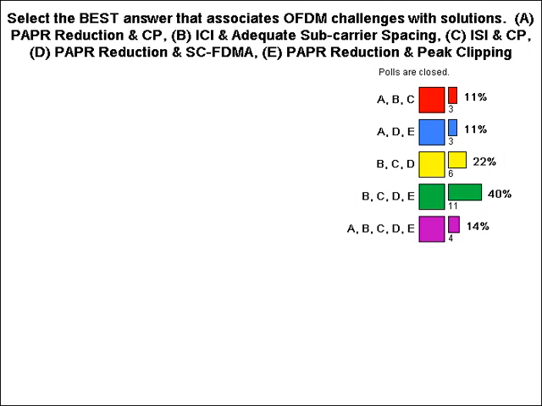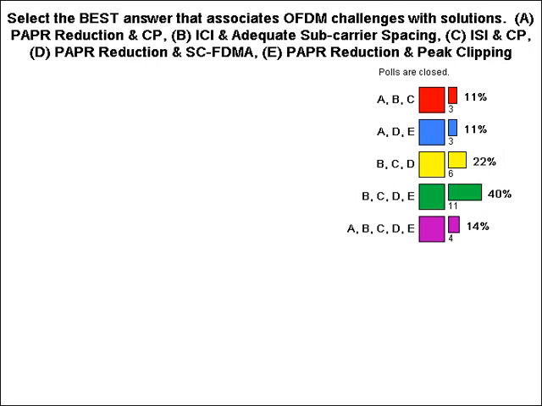D. Yes, SC-FDMA is indeed the option that LTE has chosen to reduce peak to average power ratio. And finally, we could use peak clipping to reduce peak to average power ratio. Okay, it is one of the valid options. So B is correct, C is correct, D is correct, and E is correct. So B, C, D, and E.